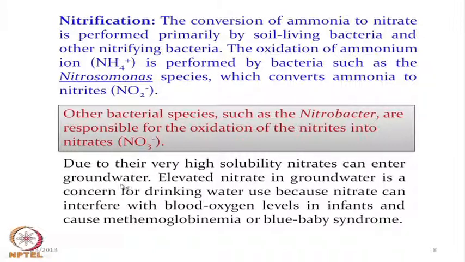When we consume that groundwater, we are affected by the high level of nitrate present in it. The nitrogen cycle should be helpful for getting useful molecules like proteins, polypeptides and nucleic acids in our system, but instead it is going in the wrong direction.